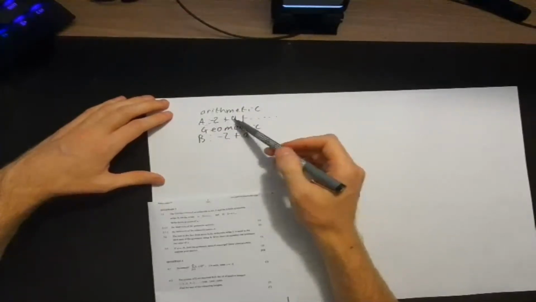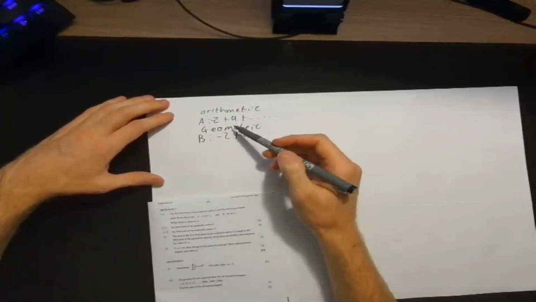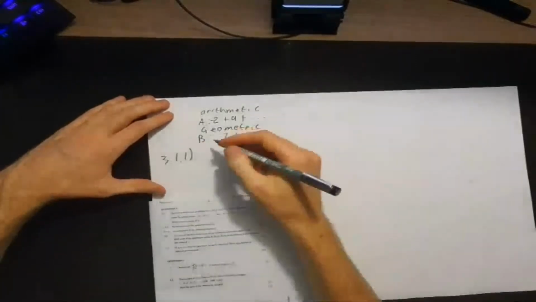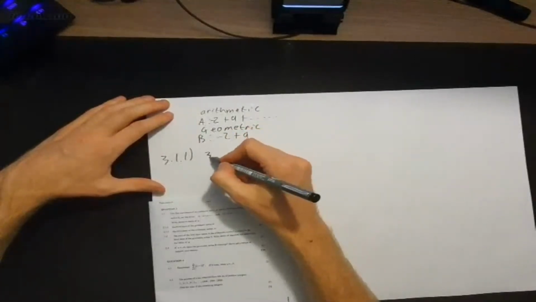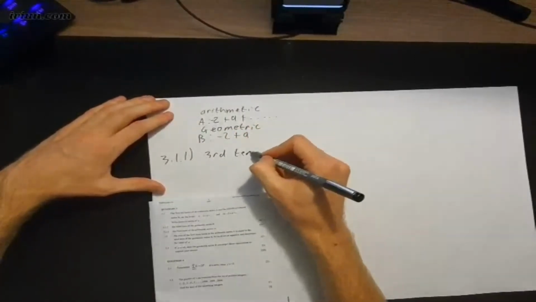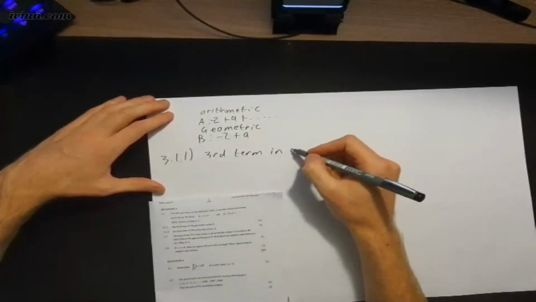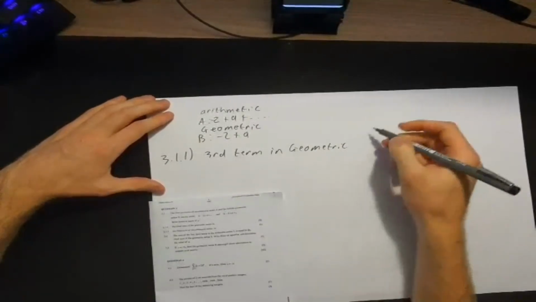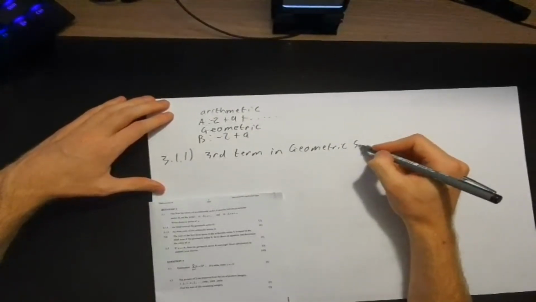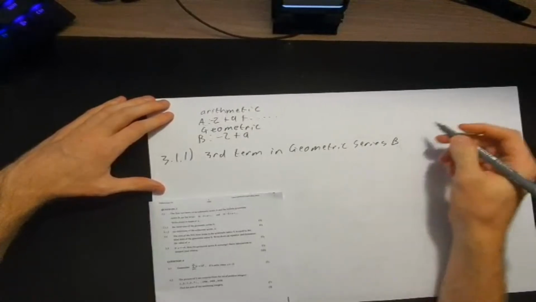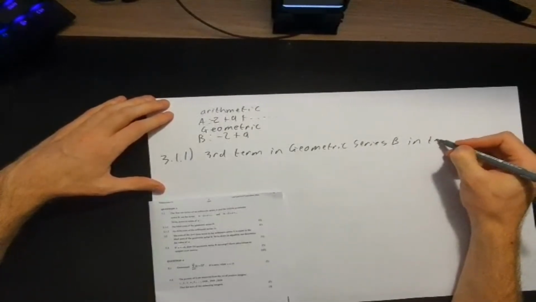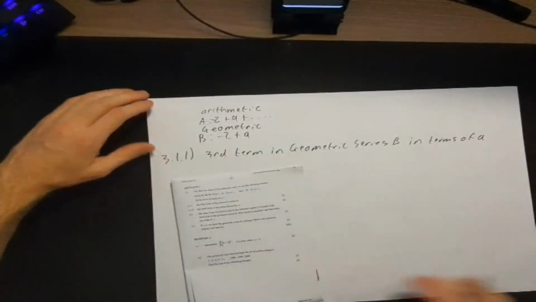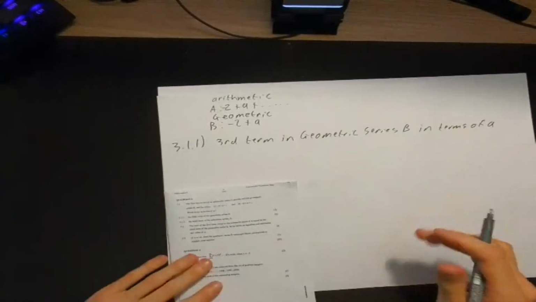It's minus 2, plus A, so they both have the same first two terms. 3.1.1 says the third term in the geometric series B, and we want it in terms of A. So do that one.